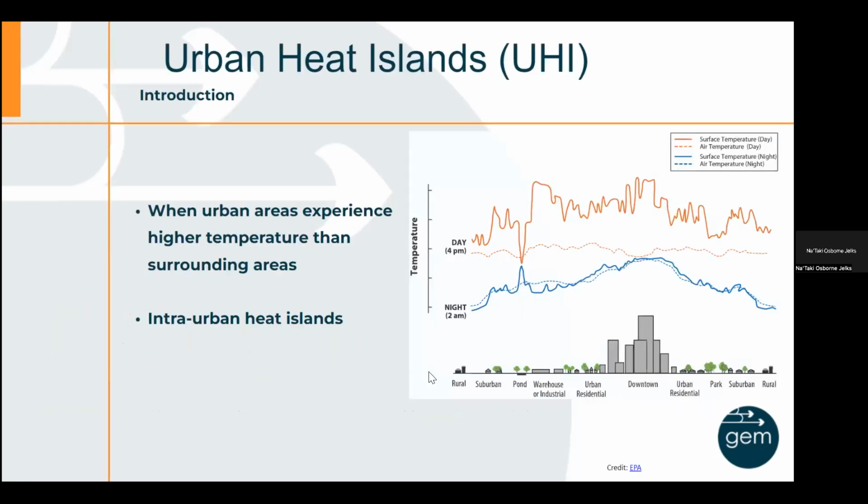All right, so what are heat islands? Heat islands are when urban areas tend to experience higher temperatures than their surrounding areas. Now, this might be due to a variety of reasons. It could be due to buildings or impervious surfaces, so impervious surfaces being surfaces that might tend to absorb and emit more of the sun's heat rather than vegetation or natural surfaces around them.